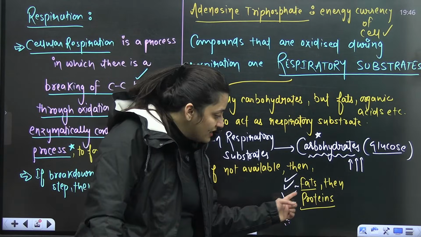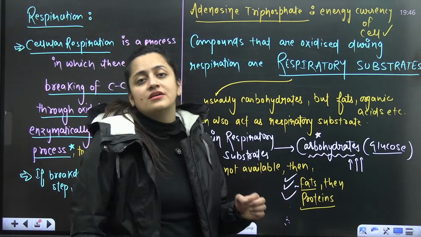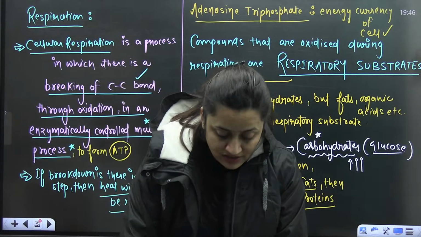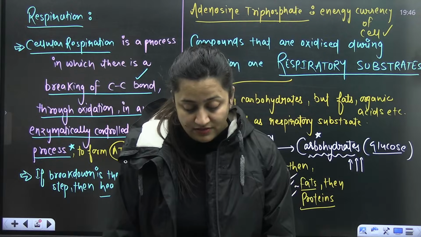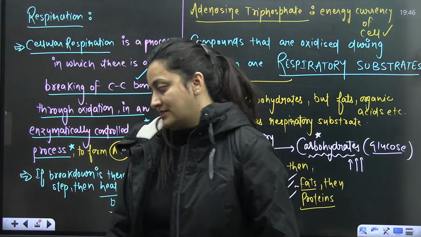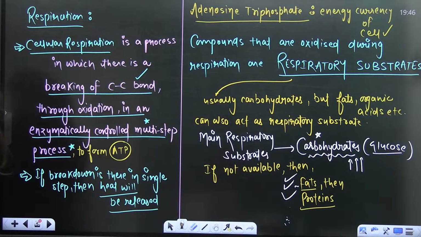When the body starts digesting the proteins, we call it protoplasmic respiration, and obviously many toxic substances will form in our body. This is not good, and if the body has started this, then obviously it is risky. Is that clear? So that's what you have to remember here.